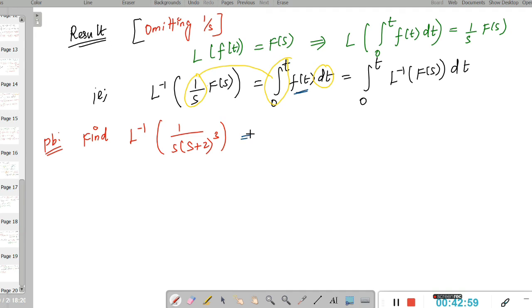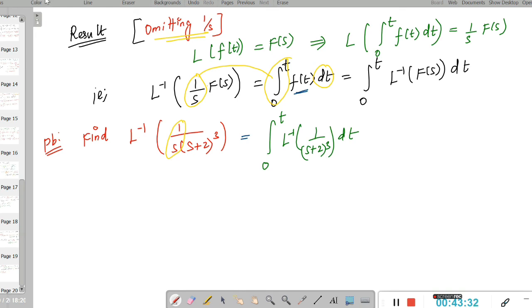So I am going to rewrite this term, instead of this 1 by s, omitting 1 by s, which is equal to integral over 0 to t dt. Instead of 1 by s I have written that, and by using the remaining term, you have to find L inverse.